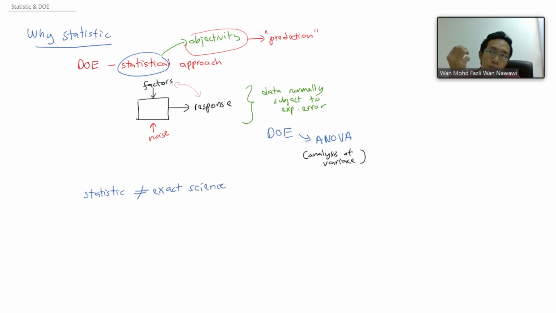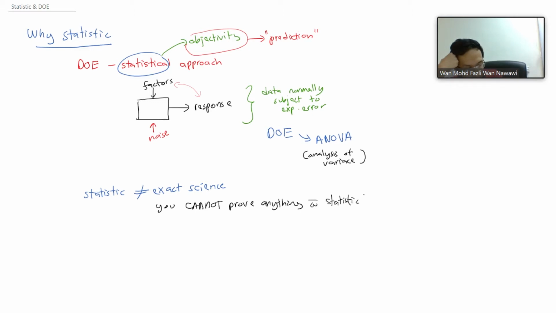You cannot prove anything with statistics. This is a problem with statistics. It's like the case of the swan before.